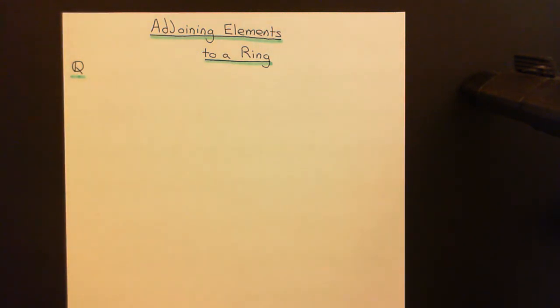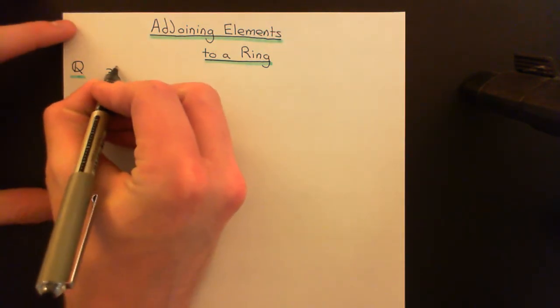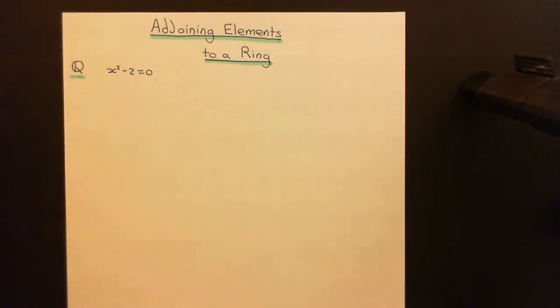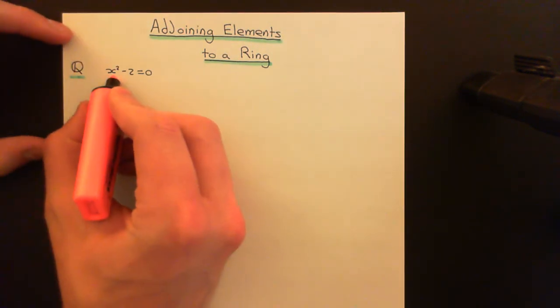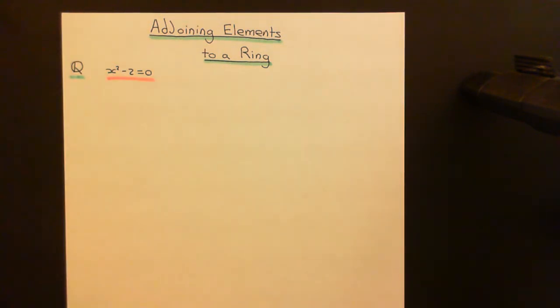Now, the rational number system has no solution to the equation x squared minus 2 is equal to 0. There is no rational number that you can put in place of x here and have it satisfy that equation. There is no square root of 2, we can say, in the rational numbers. No rational number squares to give 2.